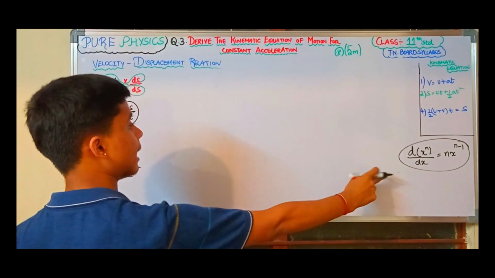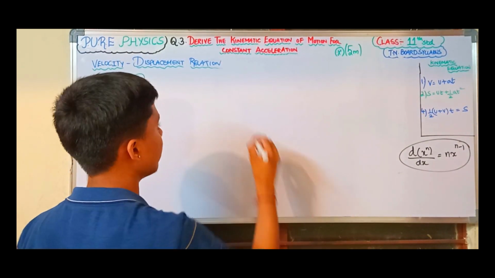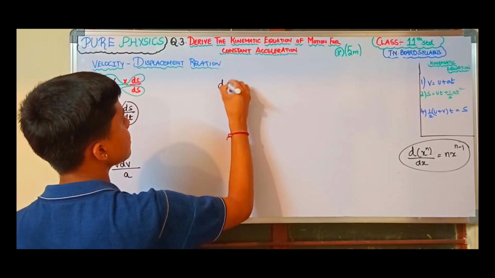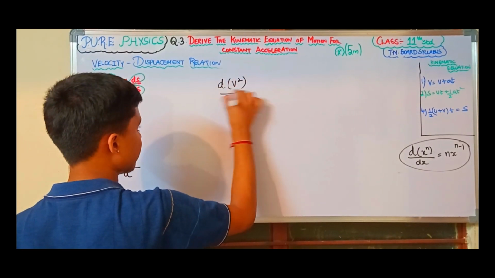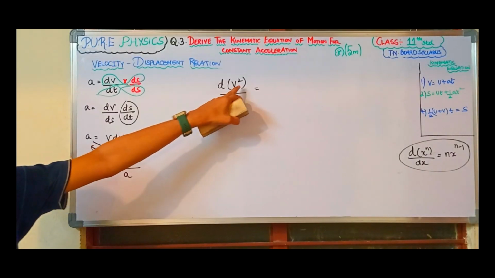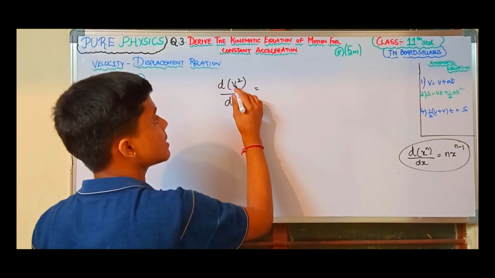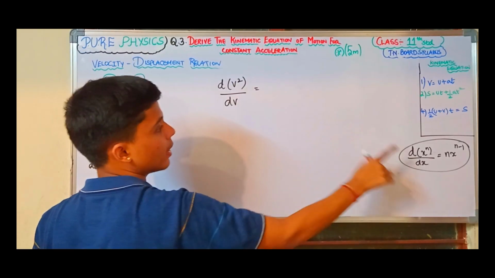The example that I gave you for that definition in the starting of the video was differentiation of v square by dv. Now I'm going to use this differentiation of v square here. What is the differentiation of v square? You're going to use this formula.